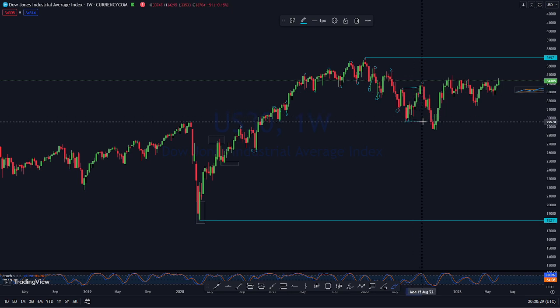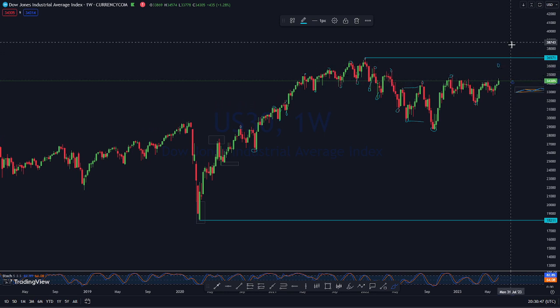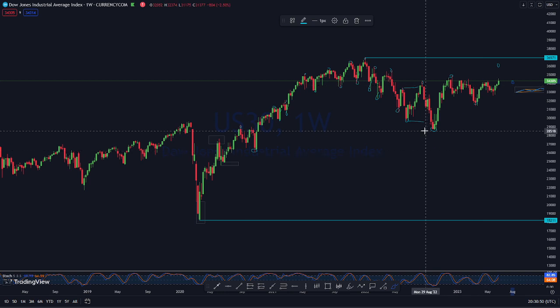As you can see here, it took out liquidity, and we'll talk about that. We had a lower high here, a lower low, I mean, and then a higher low, and then a higher high, right? And we're anticipating another high and a low, because now it's an uptrend.